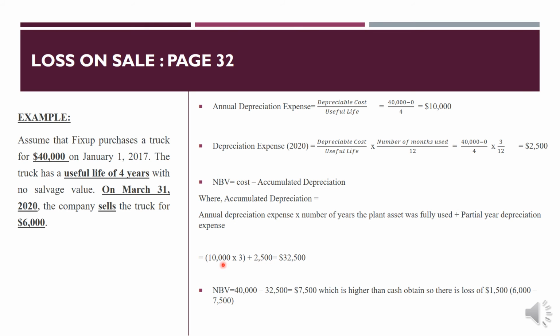So the net book value is $7,500. We got it by the cost minus accumulated depreciation. The net book value, which is the value of the truck in the company's books, is $7,500, and it was sold for $6,000. So it was sold for an amount less than its book value. And so we will obtain a loss of $1,500, which is $6,000 minus $7,500.